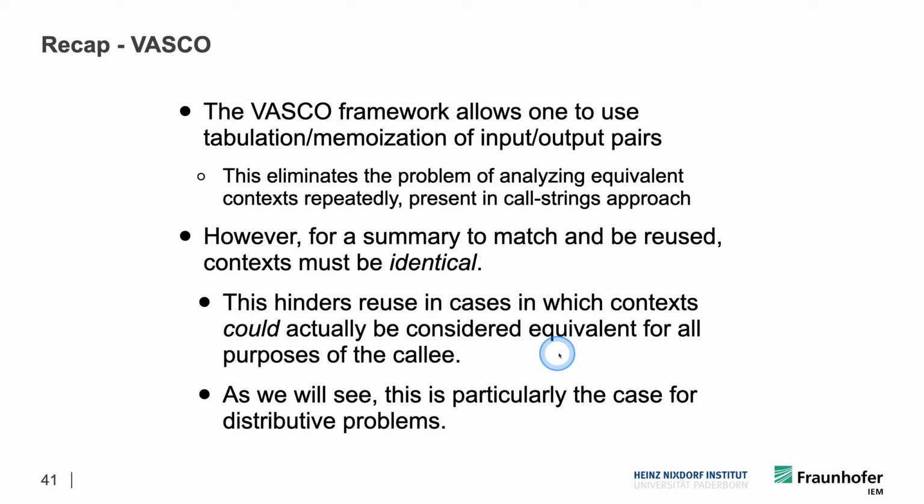It can only tell whether a context is identical, and then it gives you reuse, and for non-identical contexts, it doesn't. But as we will see, many distributive problems, they have this property, right? So often they have contexts that can be considered equivalent, although they are not identical. And then you really want to have this more liberal form of reuse that VASCO cannot really give you.